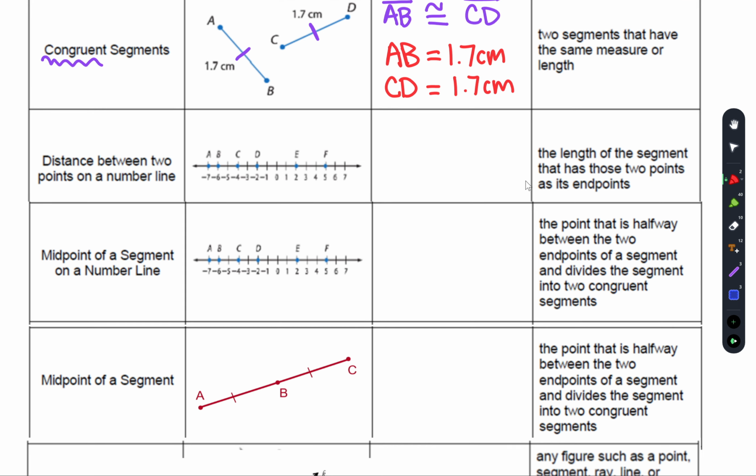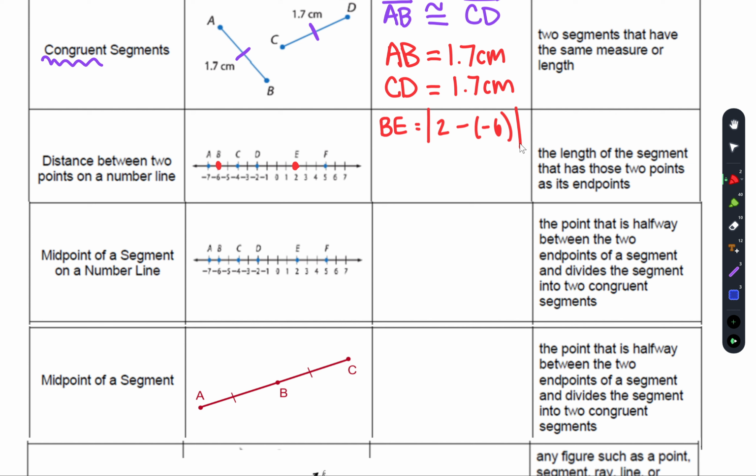Okay, next one, distance between 2 points on a number line, the length of the segment that has those 2 points as its endpoints. So for example, if I am talking about the distance between B and E on this number line, I could literally go in and sit there and count all those different tick marks, or maybe something that works in your head, it's the absolute value of 2 minus -6.